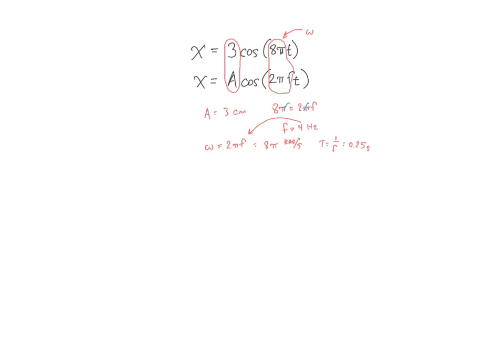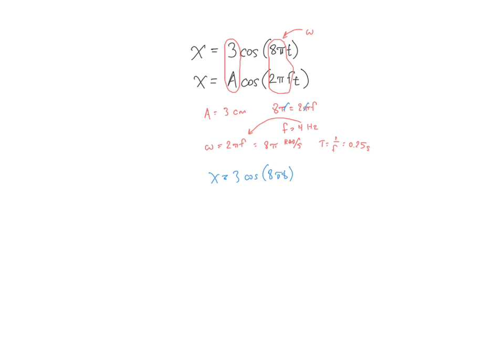For part B, at time t equals 0, is the object located at equilibrium or at an endpoint? So let's just go back up to the original equation. The x is equal to 3 times the cosine of 8 pi t, and just plug in t equals 0.